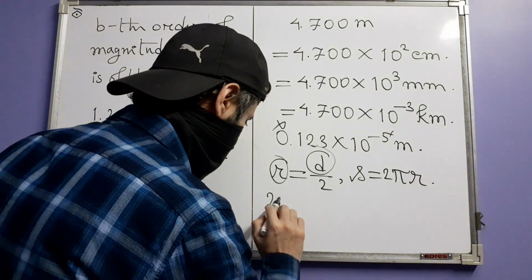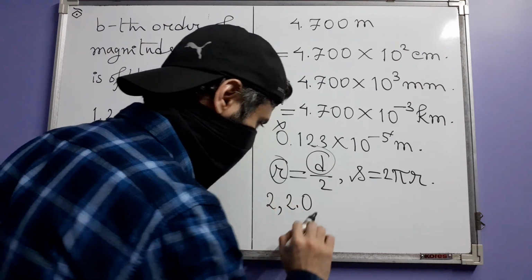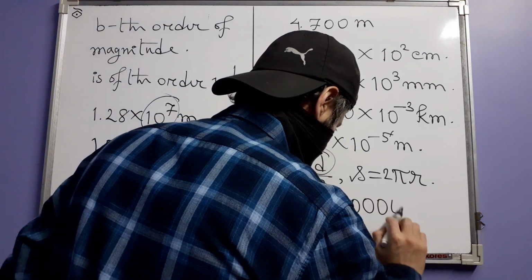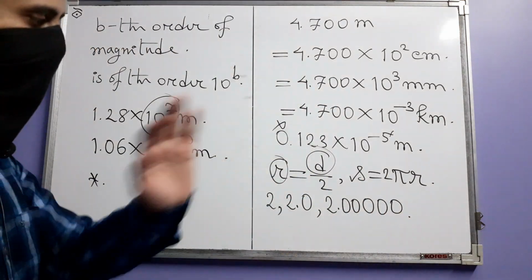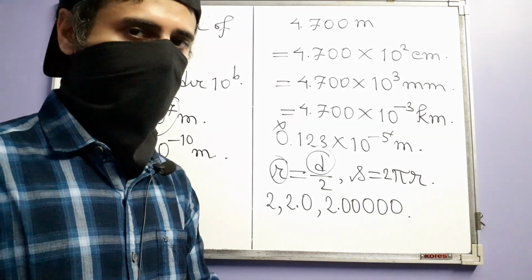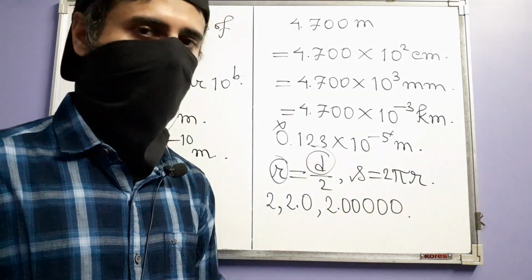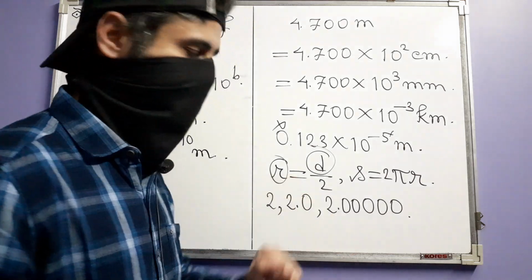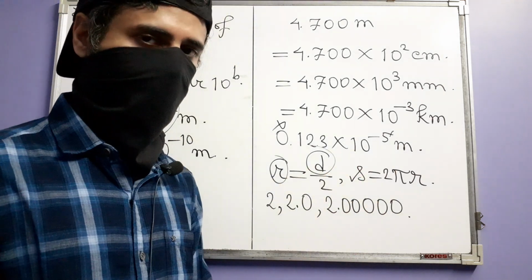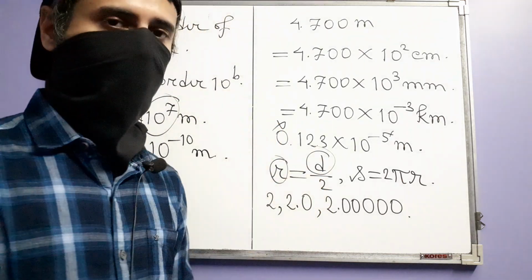You can write 2 as 2 or 2.0, then this 0 will be significant. 2.00, as many zeros as you like to put, all of them will be significant. Why will we need these extra zeros? I think there are places where we will need to write extra zeros after the decimal point, even if the number is an integer. Okay, so all of them will be significant, provided we are working with exact quantities.